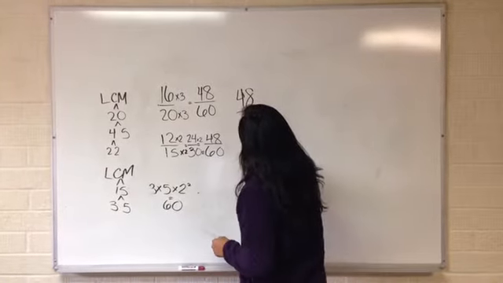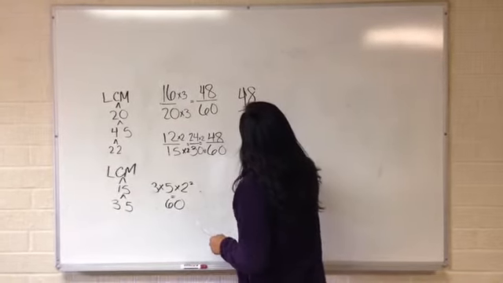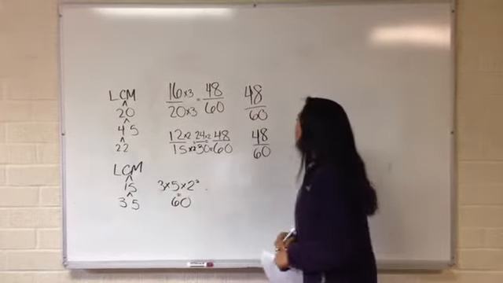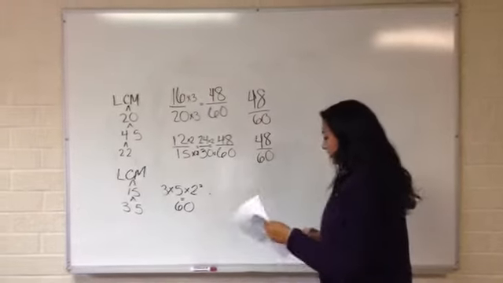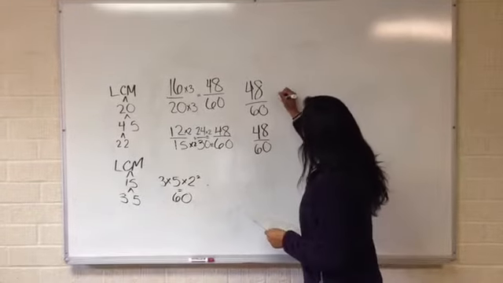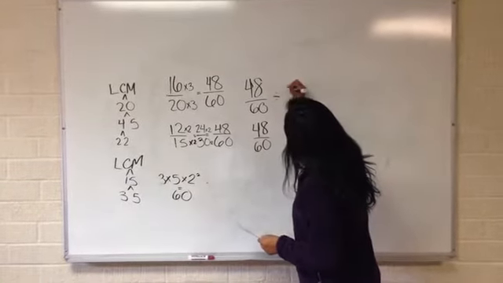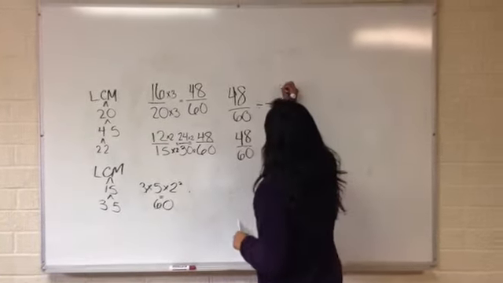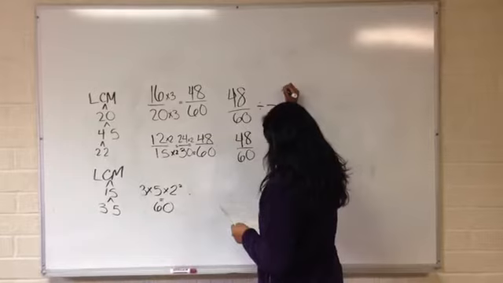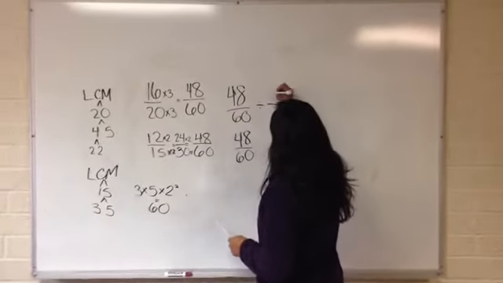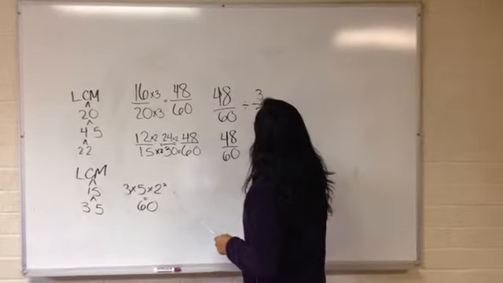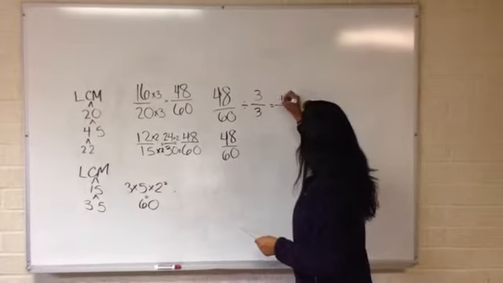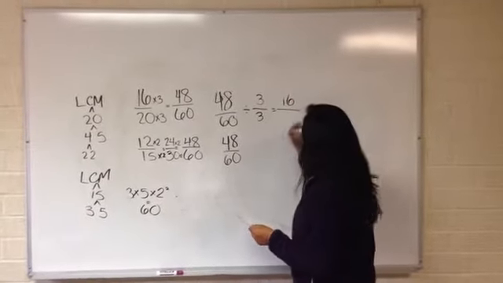So the equivalent fraction of both 16 over 20 and 12 over 15 is 48 over 60. Okay. Now if you work backwards and divide both by 3, you get 16 over 20.